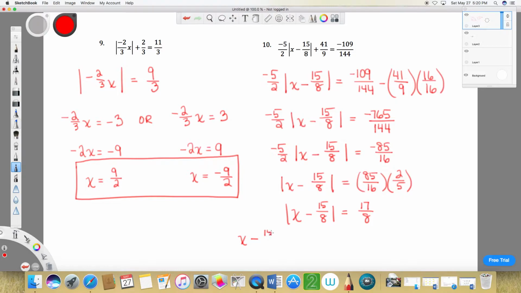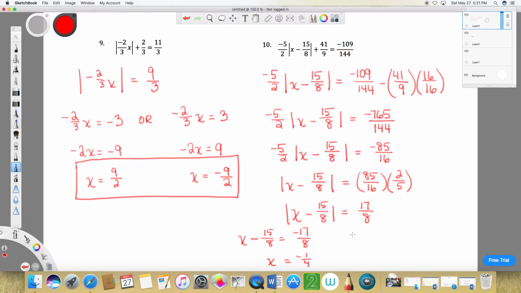So this expression could represent a negative 17/8. So if we add 15/8 to both sides, we'll have negative 2/8, and negative 2/8 reduces to negative 1/4.